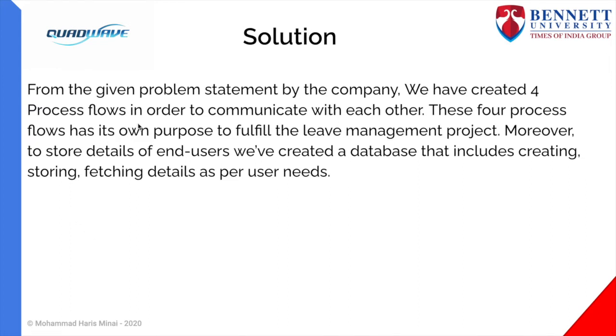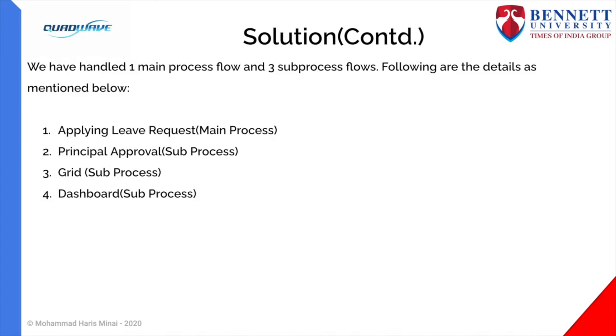The solution is that, from the problem statement given by the company, we have created 4 process flows in order to communicate with each other. These 4 process flows each have their own purpose to fulfill the leave management project. Moreover, to store the details of the end users, we have created a database that handles creating, storing and fetching as per user needs.